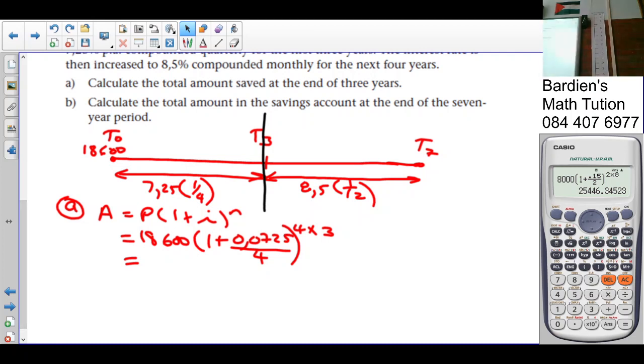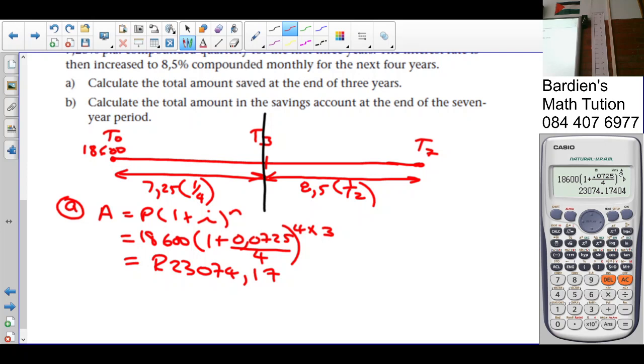Let's work that out. 18,600 into 1 plus 0.0725 over 4 to the exponent 4 times 3. So that gives us 23,074 rand and 17 cents. That's the amount in the account at that point.